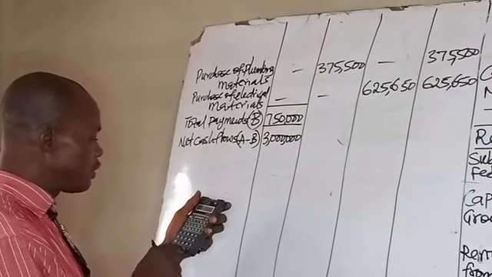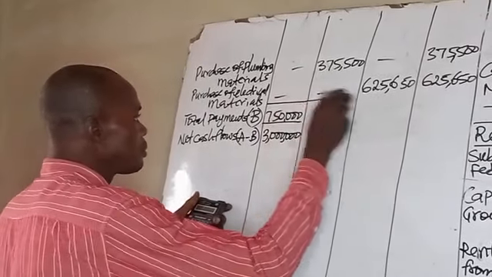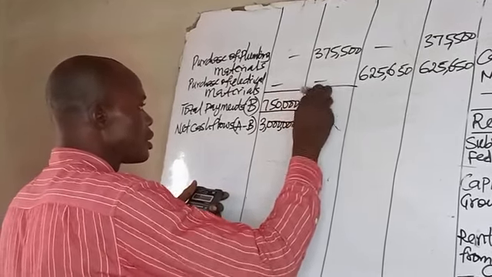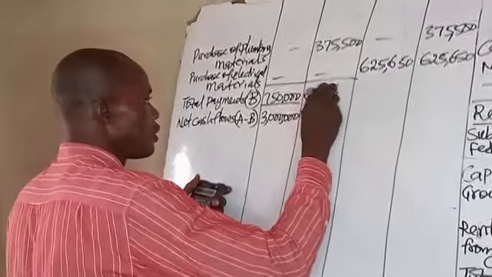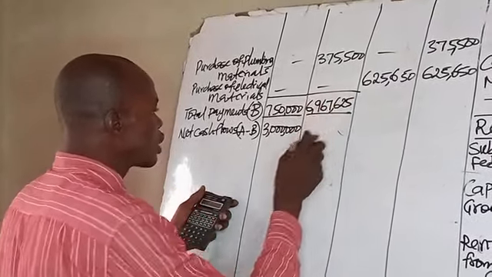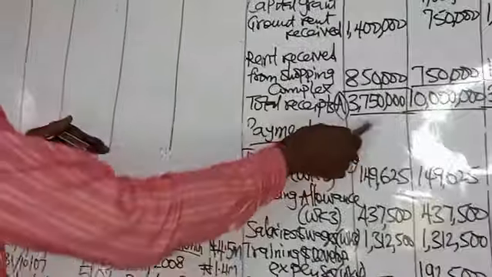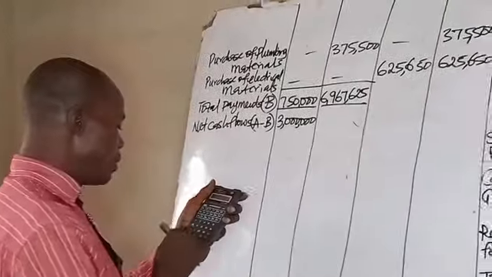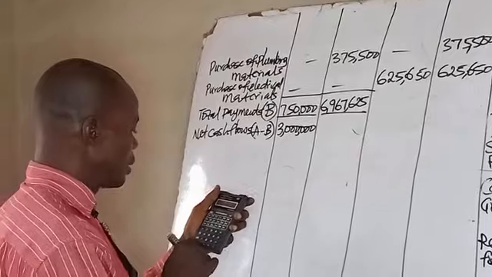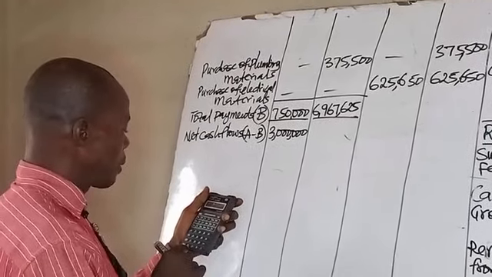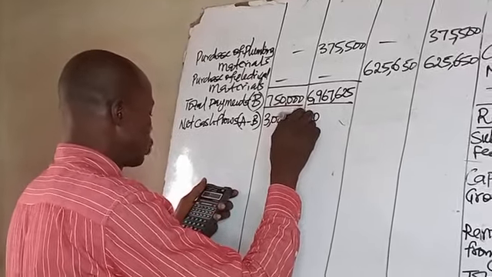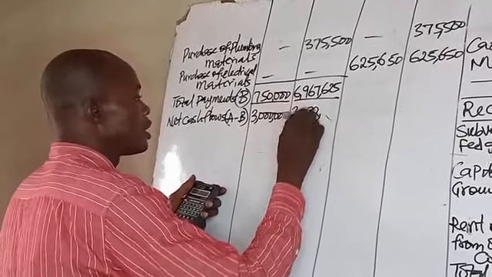The total payments in February is 6,967,625. If you subtract it from total receipts in February, which is 10 million, you'll be left with the net cash flows of 3,032,375.